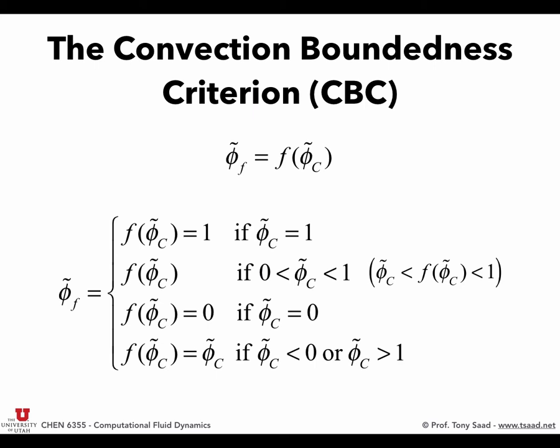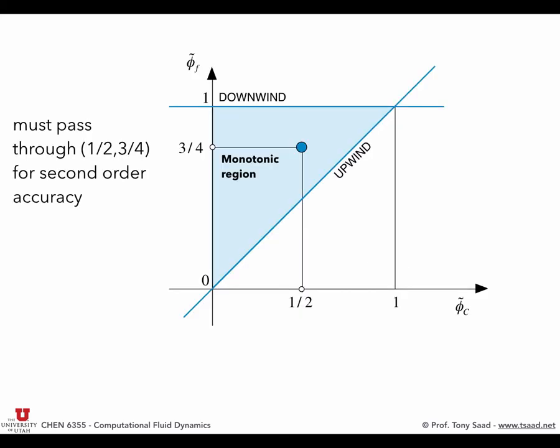Okay? So let's look at this in the NVD, the normalized variable diagram. This is the monotonic region. And if you think of a scheme phi tilde f as a function of phi tilde c, you're going to have a relation between phi tilde f and phi tilde c. It could look like this. Okay? In this region, we don't care. You can be whatever you want here.